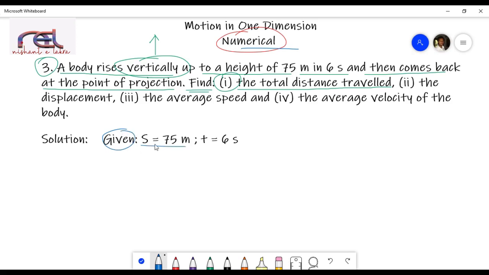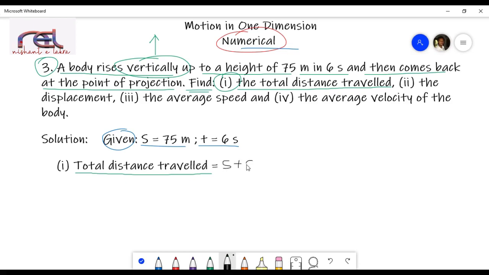We have to mention what is given in the question. Distance projected vertically, it's mentioned in the question, that is 75 meters, right, and time is given as 6 seconds. So it took 6 seconds to vertically move 75 meter high. Total distance traveled.